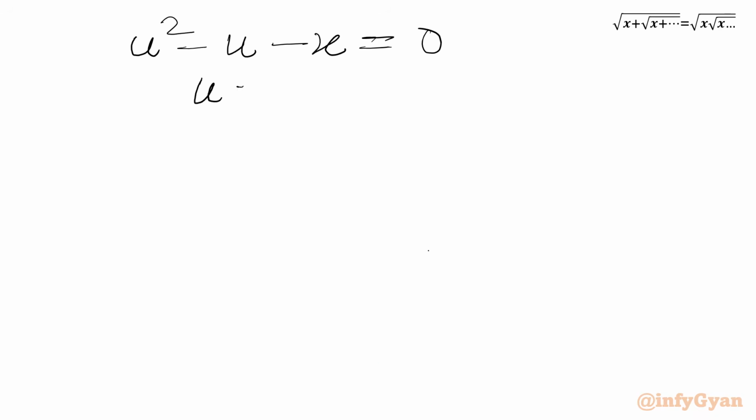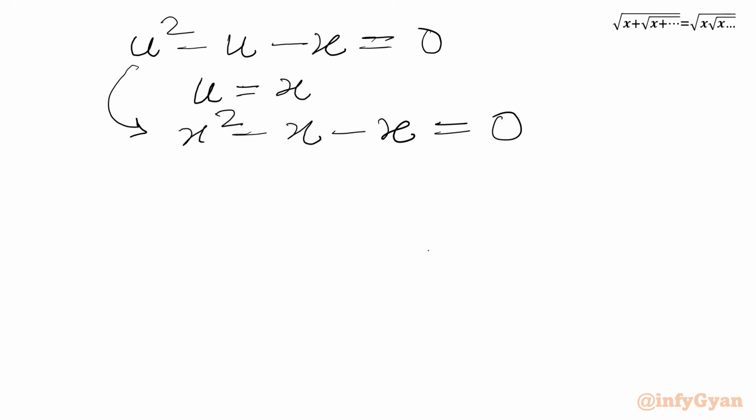Now U equal to x, we will get quadratic equation in x: x square minus x minus x equal to 0. Or we can write x square minus 2 times x equal to 0.